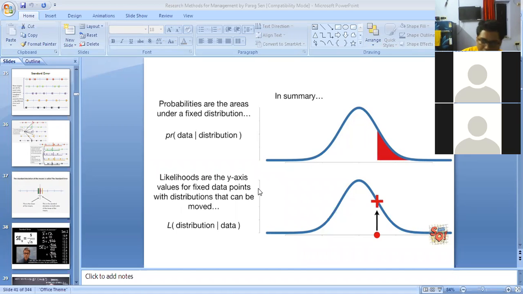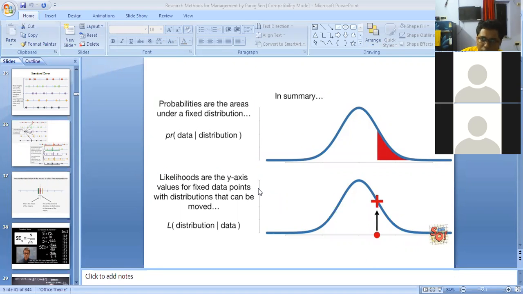And if you are asked what is likelihood, for the discrete distribution the probability and likelihood are the same.